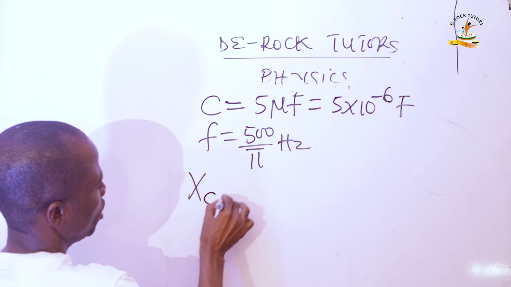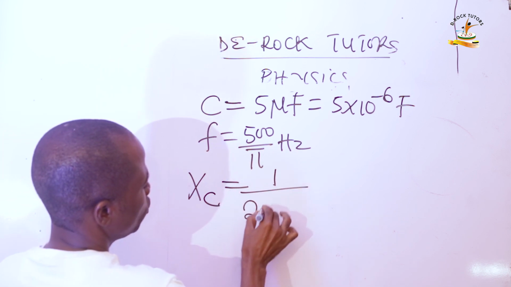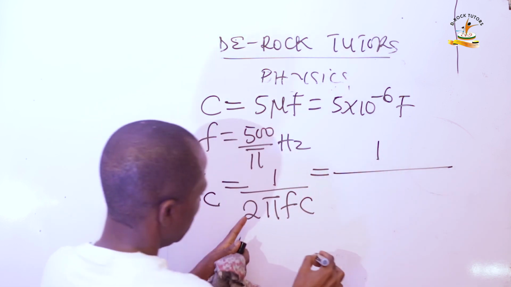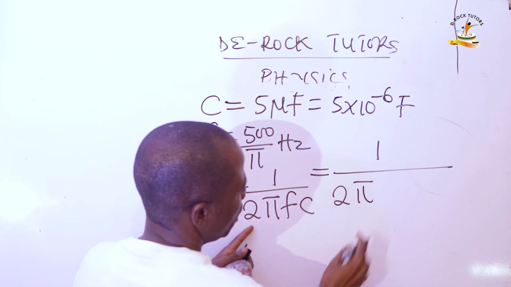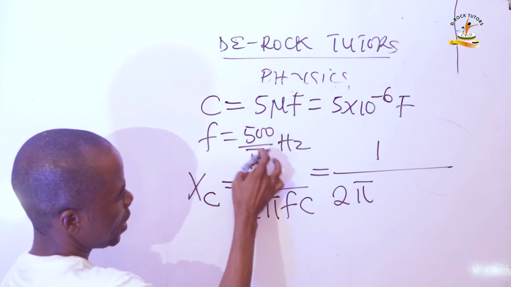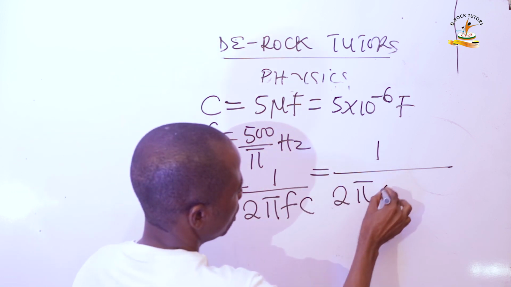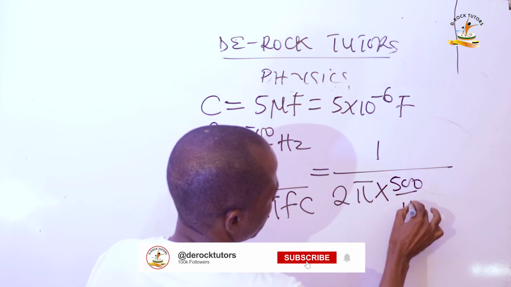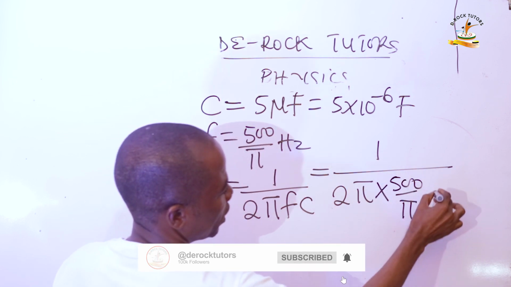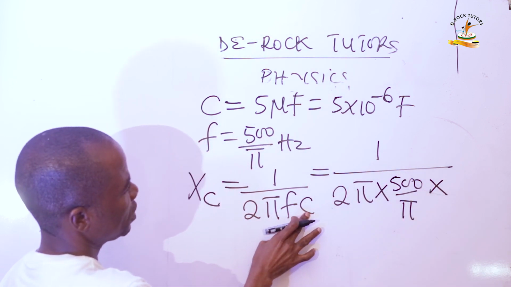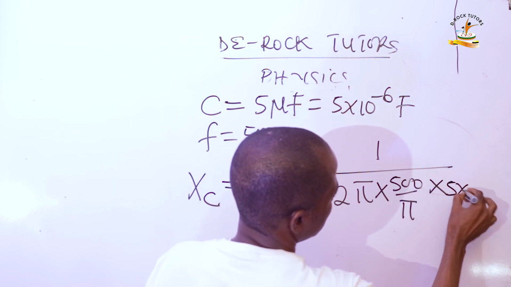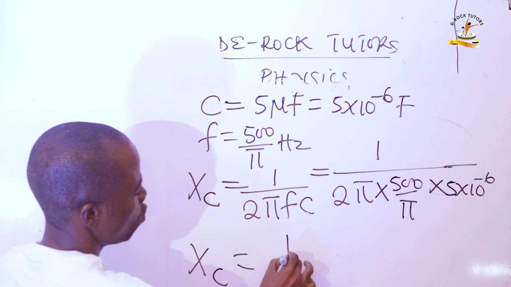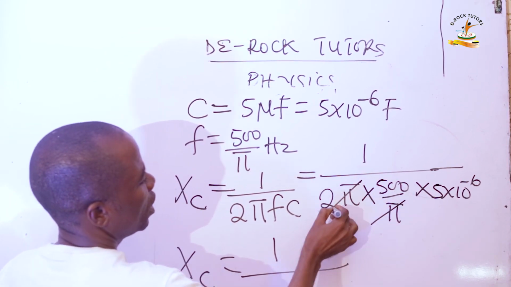We know XC is equal to 1 all over 2 pi FC, which should be 1 all over 2 pi times F, which is 500 over pi, times the capacitor, which is 5 times 10 to the power minus 6. We don't need to substitute for the value of pi because the pi in 2 pi and the pi in 500 over pi will cancel each other out. So our XC now is 1 all over this.